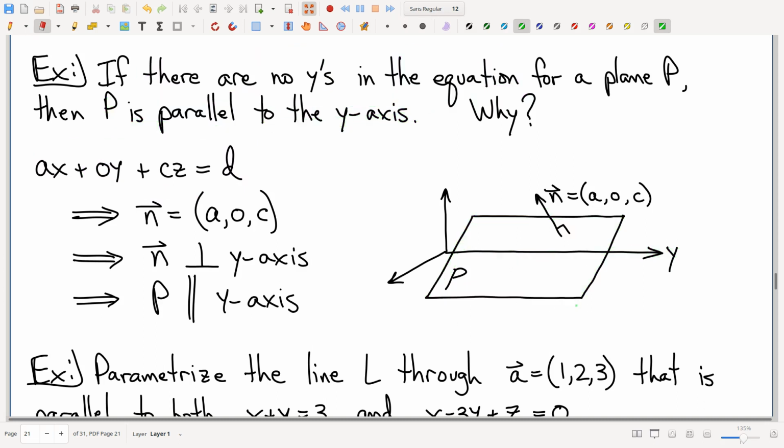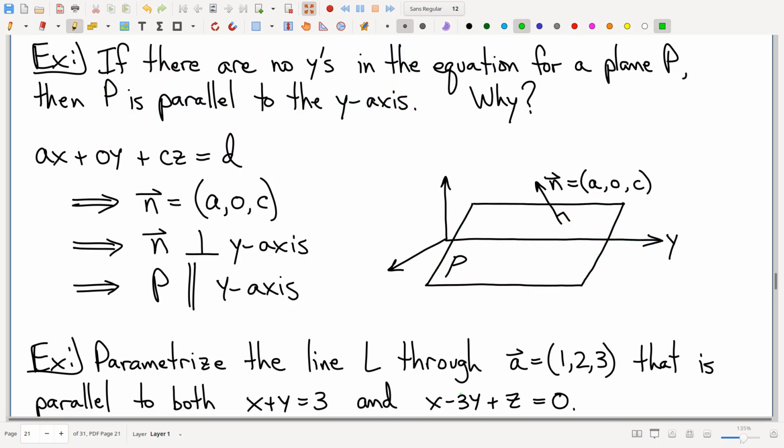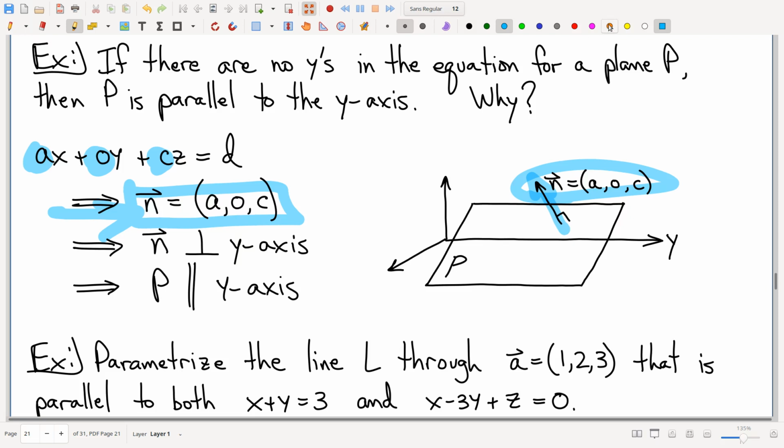Let me walk you through the argument. Not much to it, really. We've already observed that when you have an equation, the coefficients tell you the normal vector. So I know my normal vector is (a, 0, c). I can very easily observe that the dot product with e2 is 0, and so this is perpendicular to the y-axis.